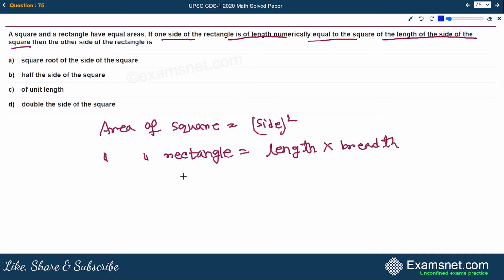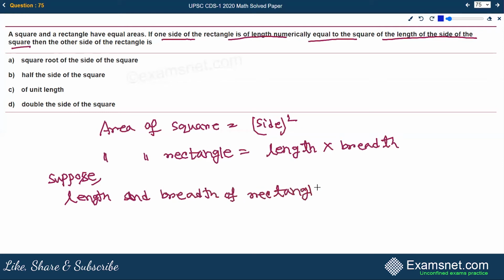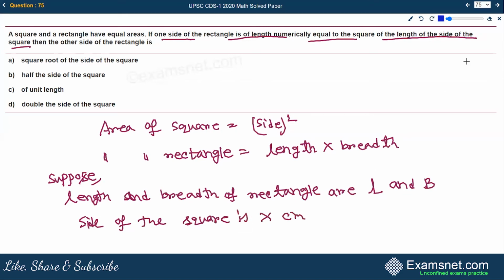Okay, so we can assume that length and breadth of rectangle are L and B, and also side of the square is X centimeter.